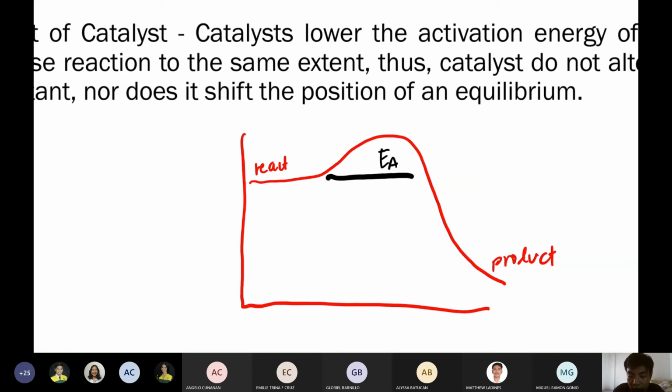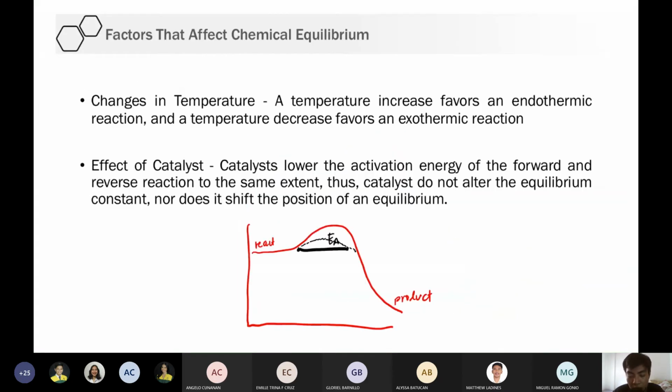So, what does the catalyst do? A catalyst lowers this activation energy. It lowers it so that the reaction will happen faster. Okay? So the reaction will occur at a much faster pace.